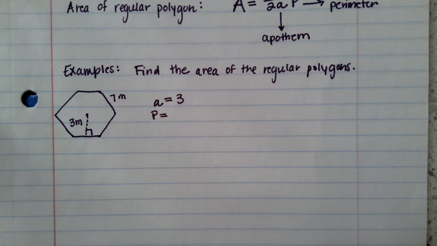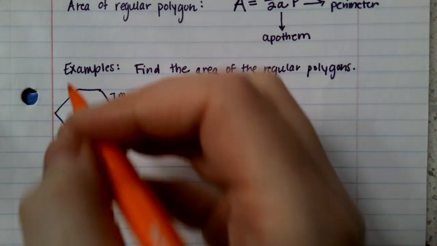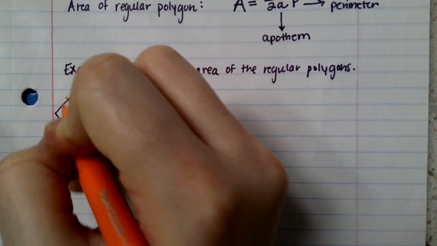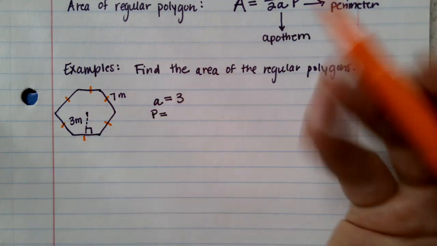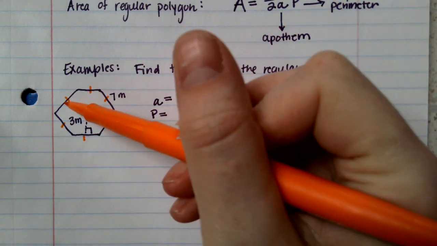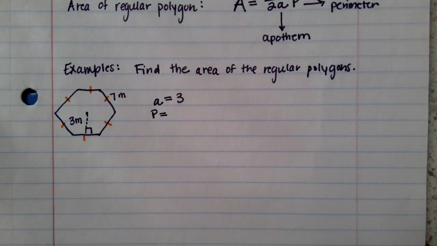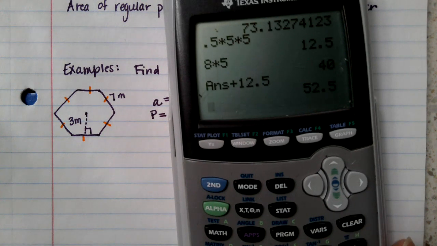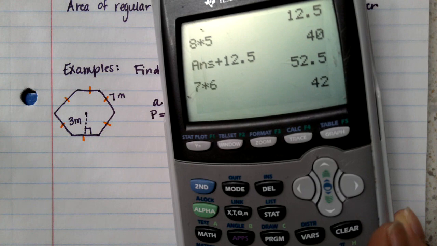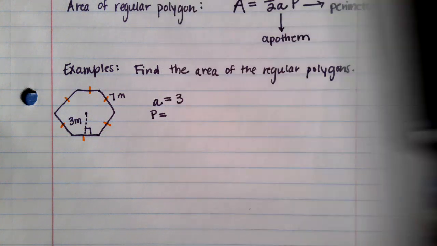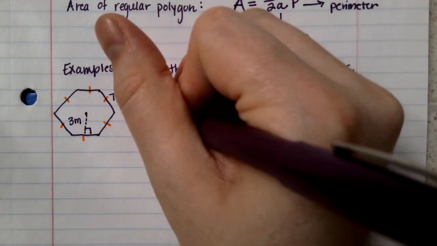But I do know, since it's a regular polygon, that all the sides are the same. So all of these sides are 7. And I have 1, 2, 3, 4, 5, 6 of them. So I'm going to just take my 7 times my 6 sides, and I get 42. So my perimeter is 42.